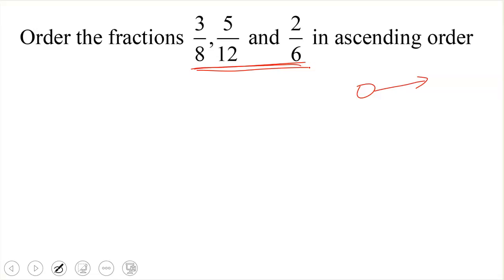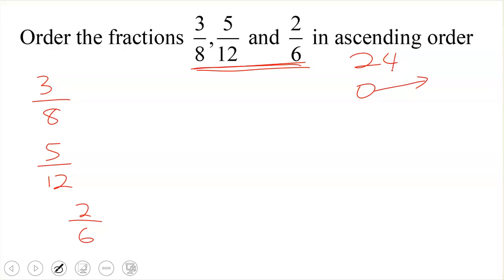We've done this before in our previous videos, how to find the LCM using prime factors. So go ahead and do that and generate your prime factors. If you do that nicely, you realize that your LCM will be 24, right?